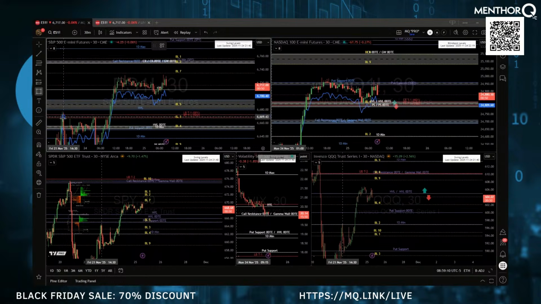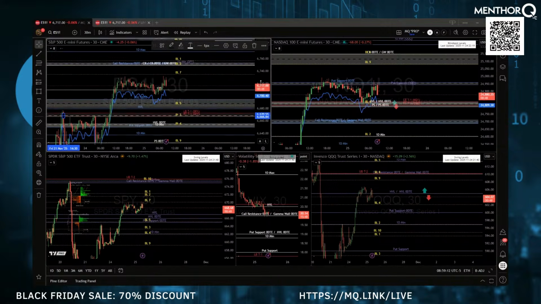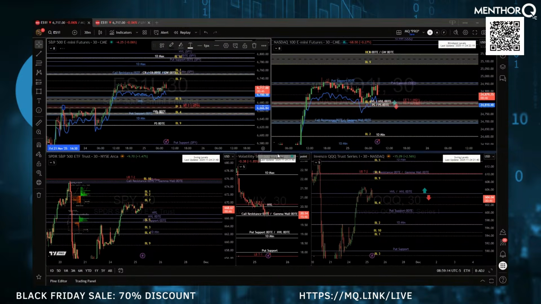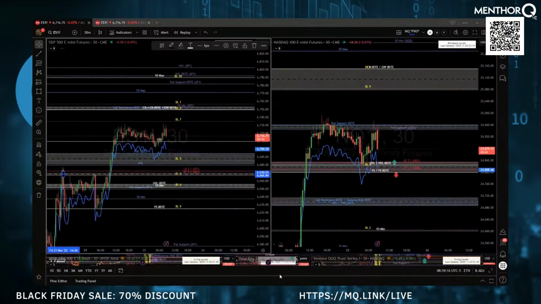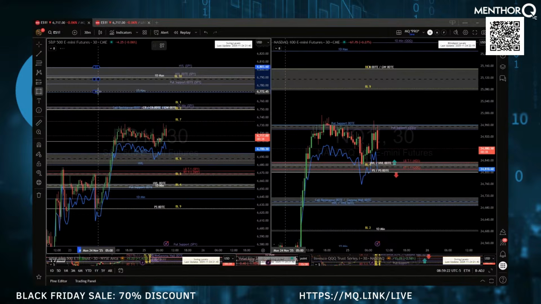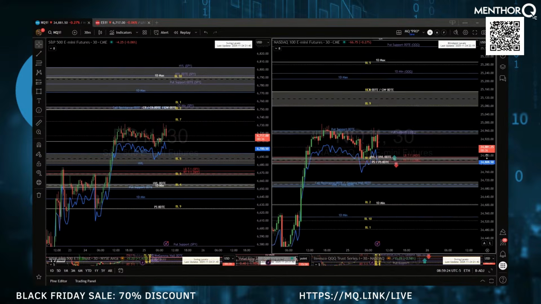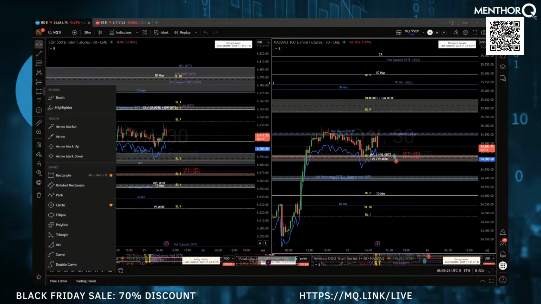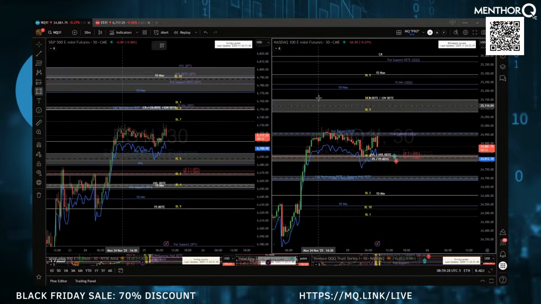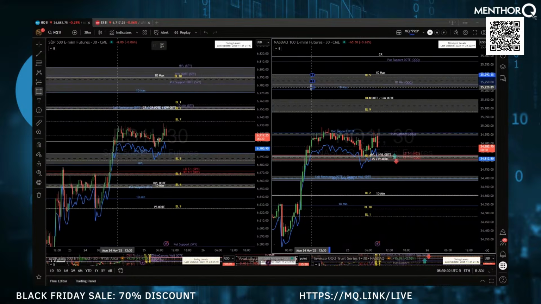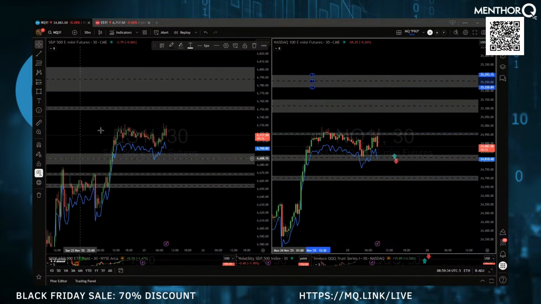If you're an ES trader, you have SPX and SPY. If you're an NQ trader, you have QQQ and NDX. Don't forget the VIX and its change, and then you'll be really well prepared for the market. Everything else is your edge and your A+ setup.